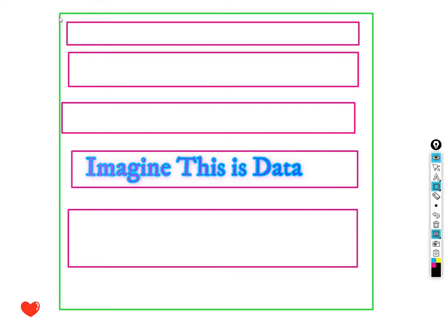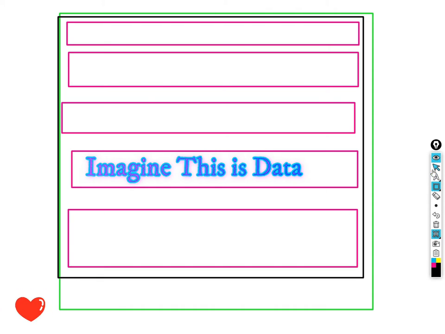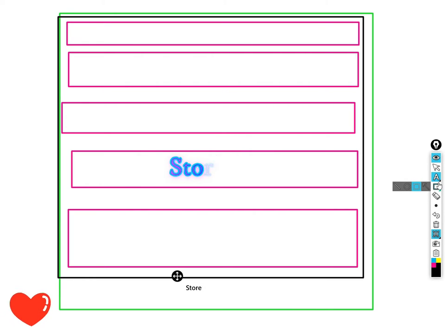Okay, by a single state. So that state is called store. Okay, actually how will it work if I clear there? How will it work? And just increase the size.